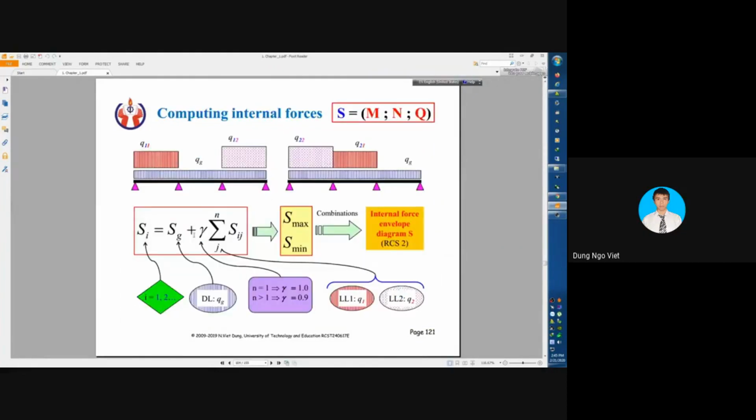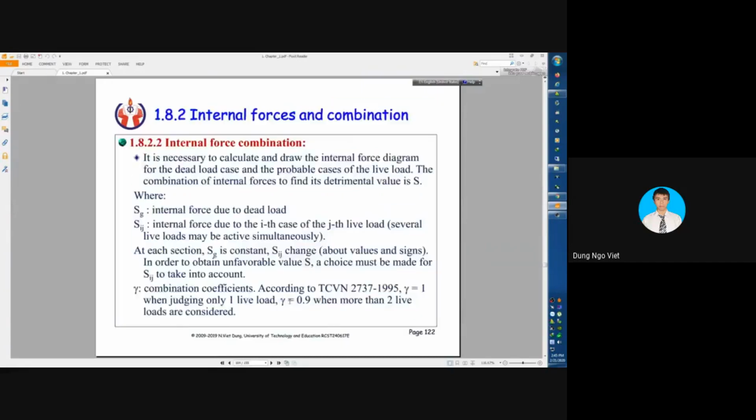And the gamma value here is the combination coefficient. According to the TCVN standards, loads and impacts standards, gamma is equal to 1 when checking only one live load, and gamma is equal to 0.9 when two or more live loads are considered.